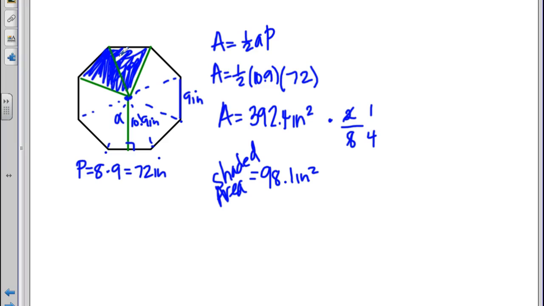Now, there are other things that they can do, and we'll look at some of these in class. Like they could break this off and talk about a trapezoid here, like this shaded area. So lots of different things that could go on, and we'll look at some of those crazy ideas in class.